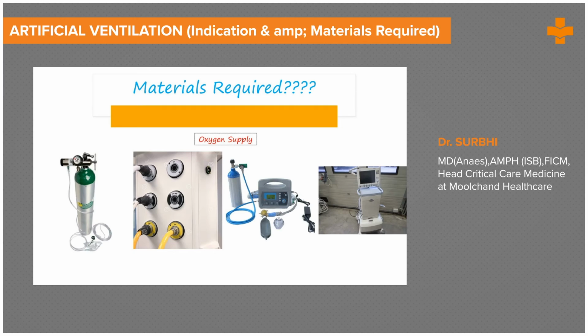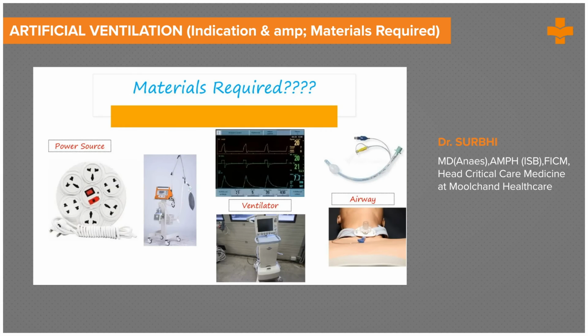So what are the materials? Now you have understood the reason why you require a ventilator. Now what are the materials which you require when you start thinking about putting the patient on a mechanical ventilator? First, you have to think about your oxygen supply. Is it going to be through the oxygen cylinder or through a centralized gas pipeline? That has to be kept ready and checked.